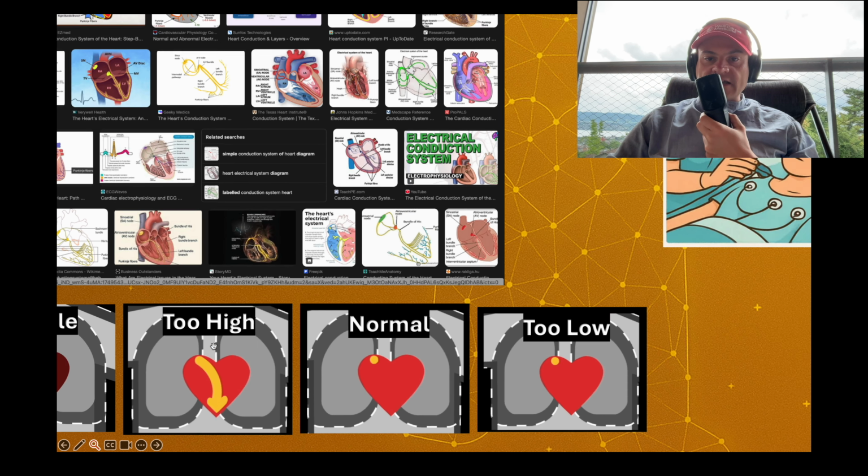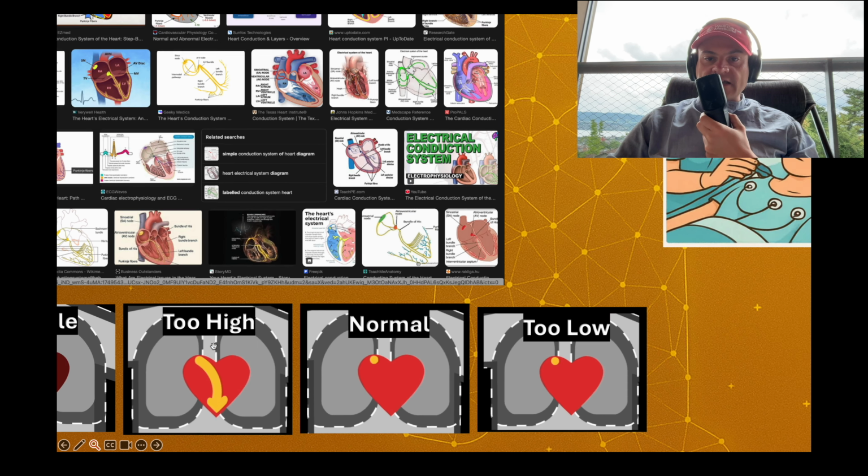If we look at children's drawings, they draw electricity as yellow. And furthermore, the electrical conduction system is also conducting electricity like nerves, and nerves in the human body are yellow because they have their myelin sheath that's fatty, and fat is yellow.